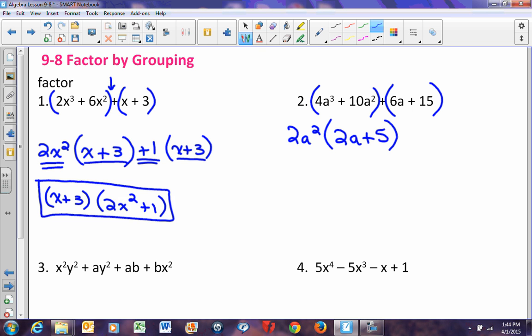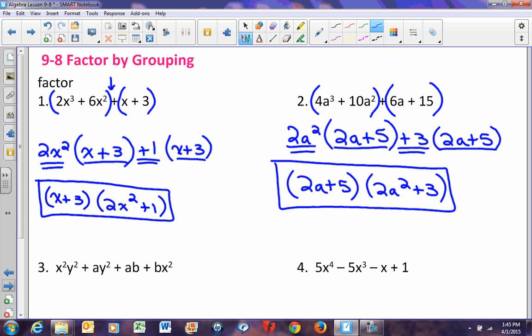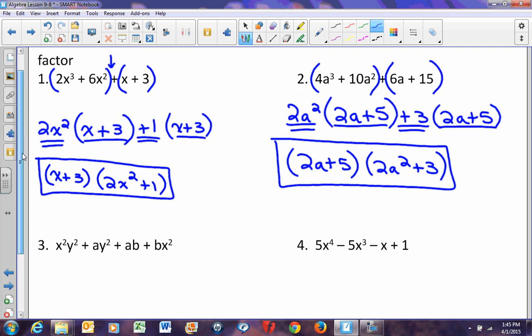In the 6a plus 15, I can take out a 3, and I'm left with 2a plus 5. My common term, 2a plus 5. What am I left with? 2a squared plus 3. As you can see, we've done this many times before, so this should be very simple and straightforward for you.